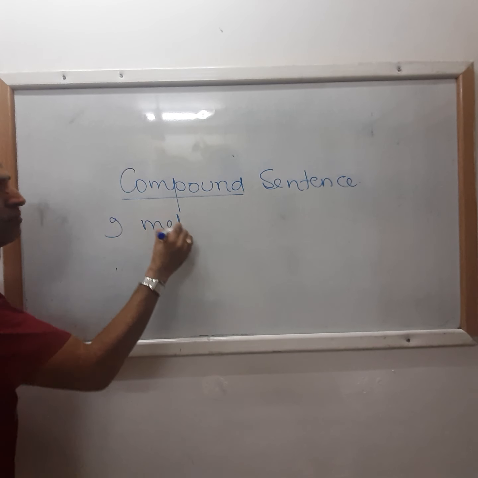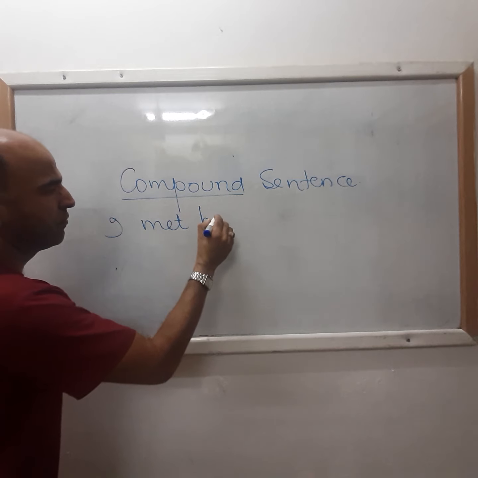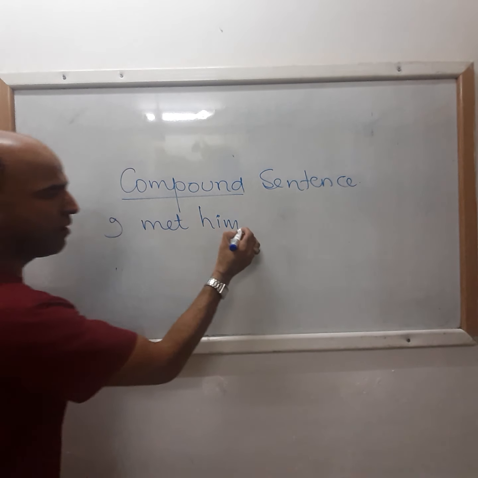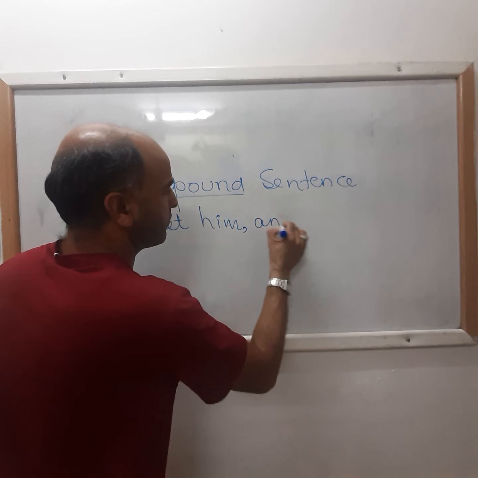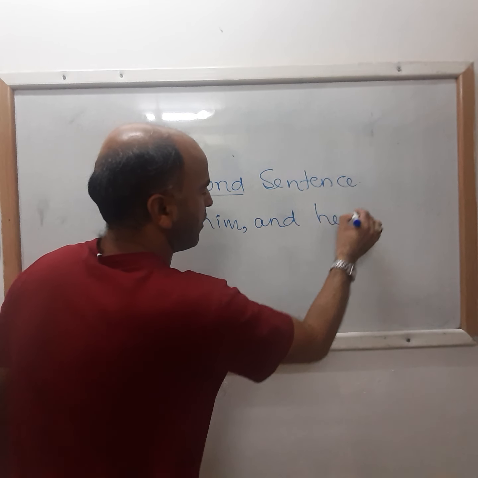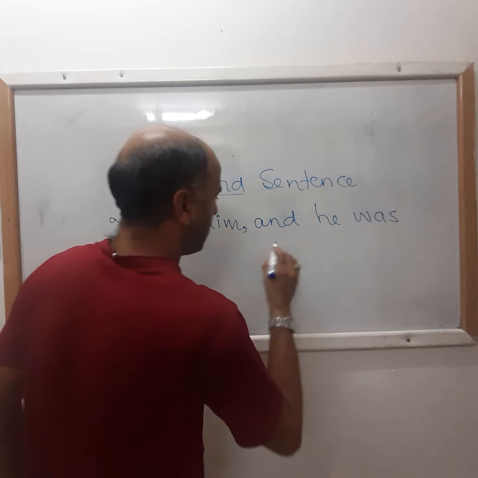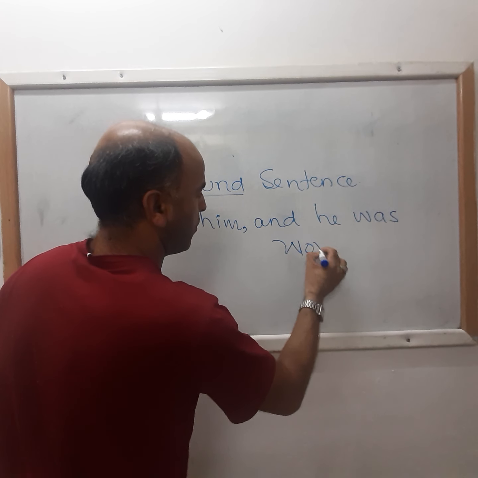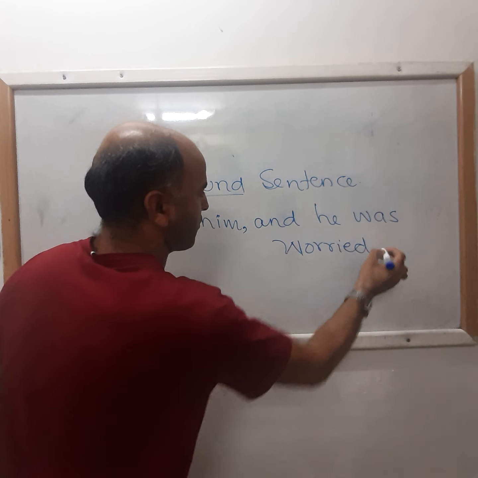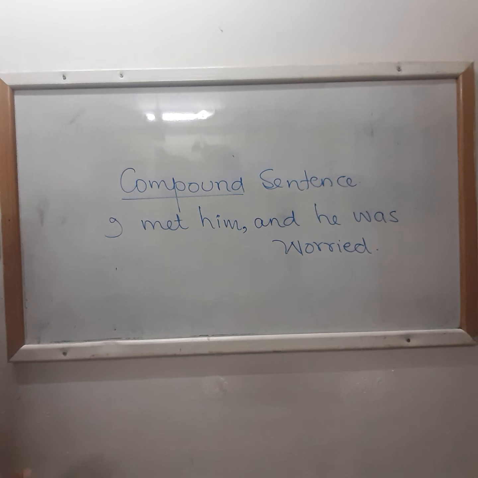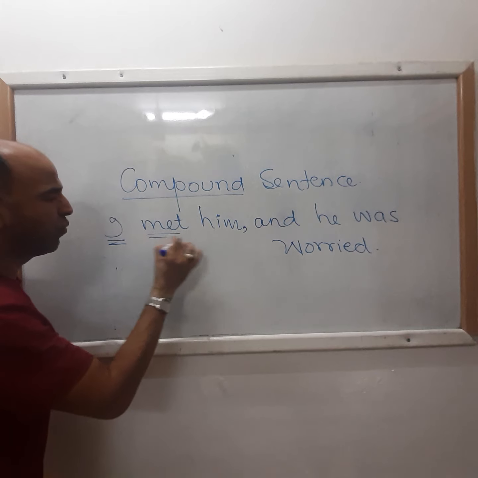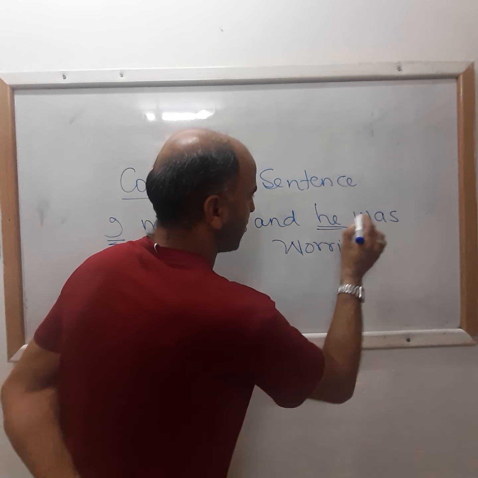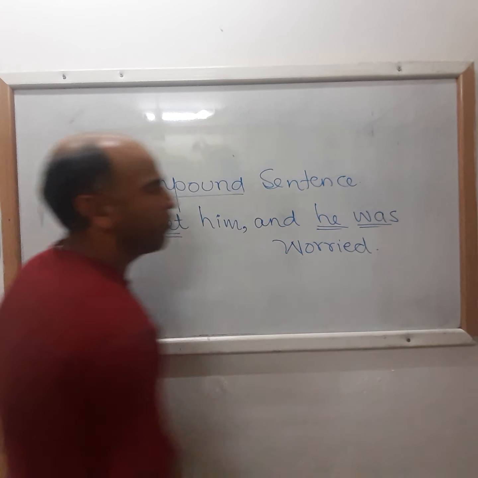I met him, and I was worried. Okay, now look, this is actually: I is the subject, met is the verb; I is the subject, and was is the verb.